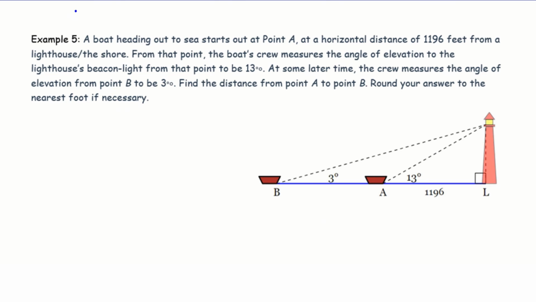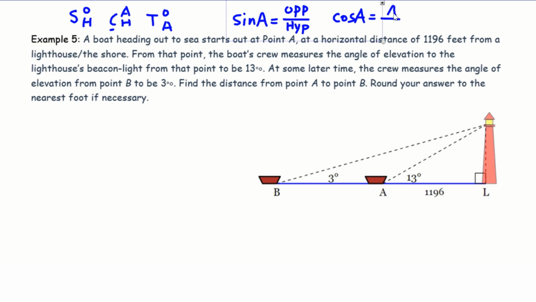SOH CAH TOA. So we write SOH CAH TOA here, and these 9 letters represent 3 formulas. Sine of angle A equals opposite over hypotenuse if we choose angle A. And the second one, cosine of angle A or angle B, the angle you picked, equals adjacent over hypotenuse. A represents adjacent, H represents hypotenuse.